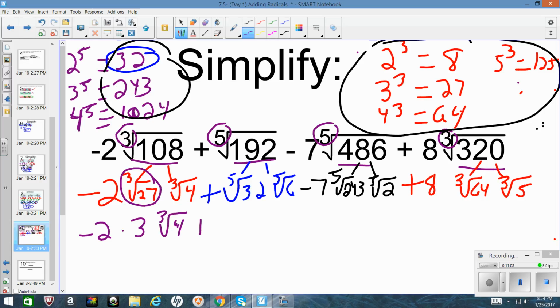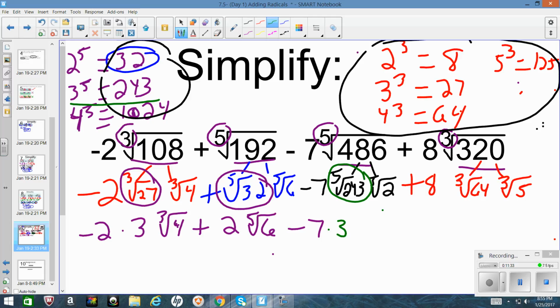Plus, the fifth root of 32 is going to give me 2, and I would have the fifth root of 6 still left over. Then I would have minus 7. The fifth root of 243 would be 3, because 3 to the fifth is 243, and I would still have the fifth root of 2.